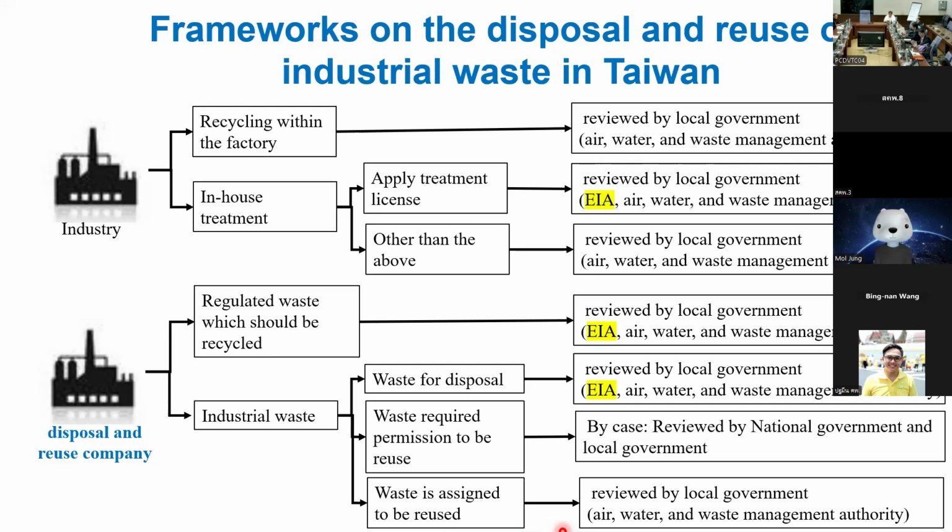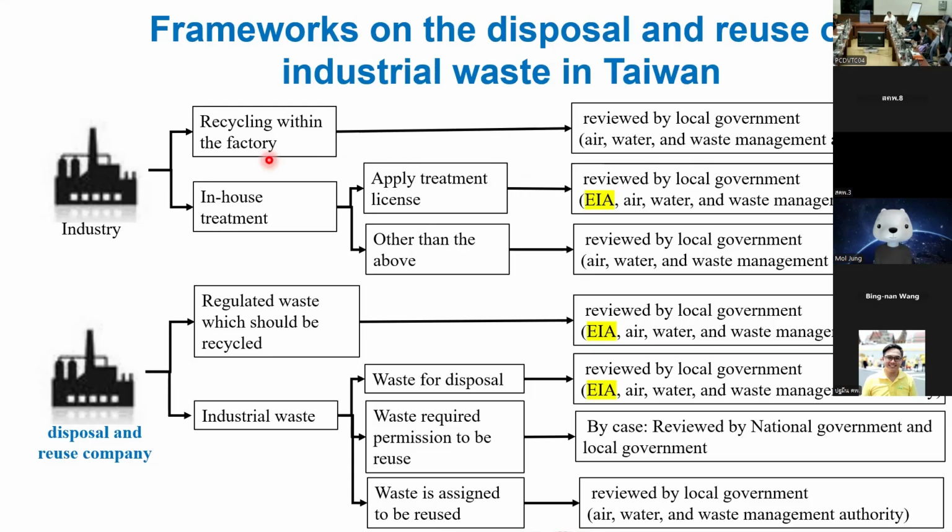Doing it by themselves means recycling within the factory, or if you have an incinerator in your factory, you can burn it off. It's also permitted in Taiwan, but you have to get permission first.